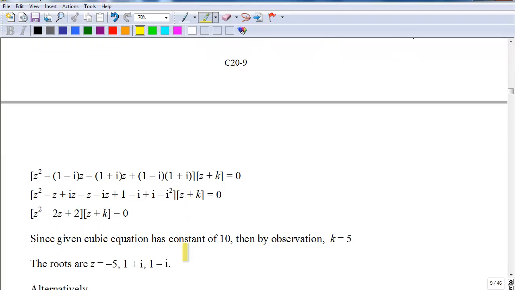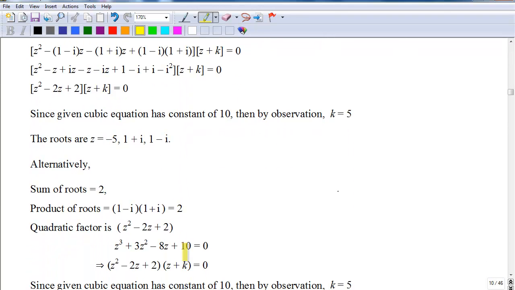Once I've done that, I can multiply out the first two factors, and you're going to end up with z squared minus 2z plus 2. Now because the constant term that I will get when I multiply this out will be 2k, then 2k must be 10. So if 2k is 10, this gives me the k value of 5.